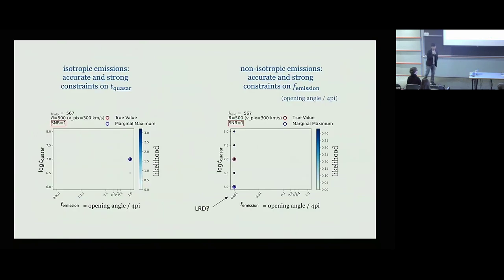That is to draw a random sample from the 1,000 samples, add noise to it, and conduct a preliminary inference on the quasar's model. And we found this can result in very accurate and strong constraints, even if we assume the signal-to-noise ratio is 1. Thank you.